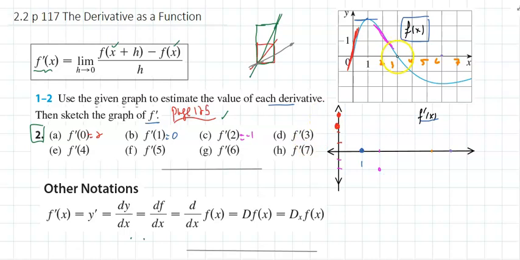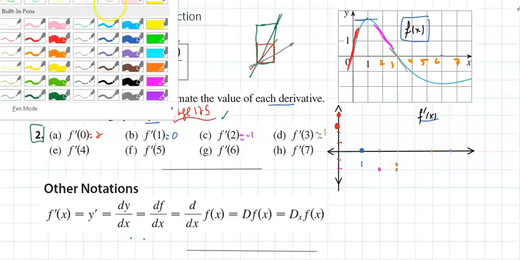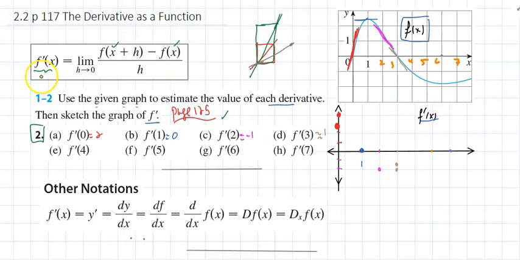F prime at 3. Okay, a bit less than 1. You could say roughly 1, a bit steeper. I'll say it's about a 1, maybe a bit less. And how about at 4? This is like negative 1/2 maybe at 4.